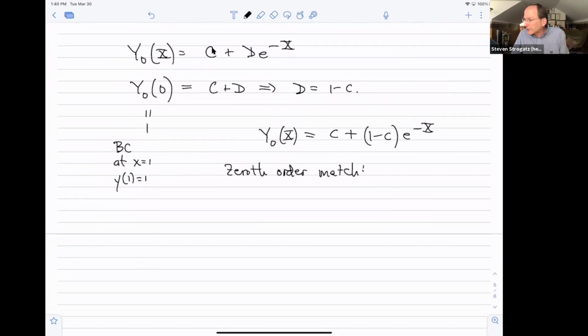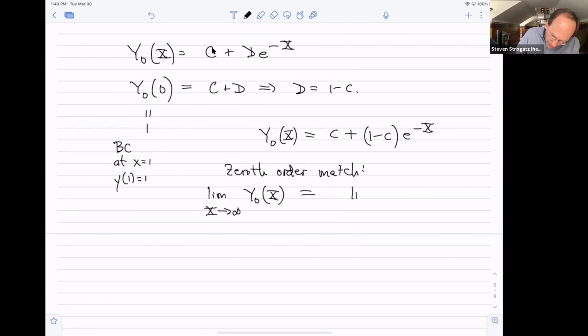The 0th order match condition is that the limit as big X goes to infinity, going out of the boundary layer into the overlap region that we talked about in previous lectures, should equal the limit as little x goes to its right-hand endpoint, which is still called little x equals 1, of the outer solution. But remember, the outer solution was just identically 0.